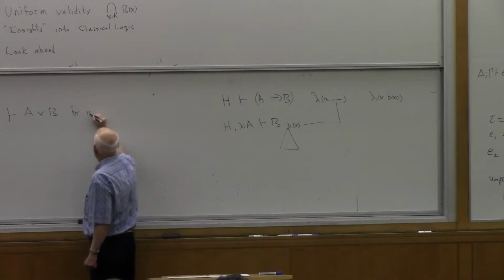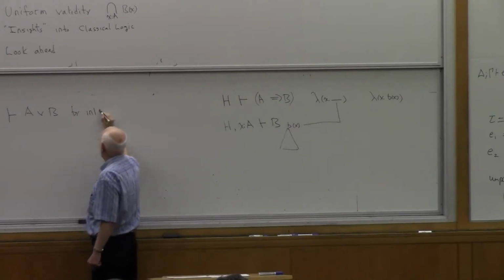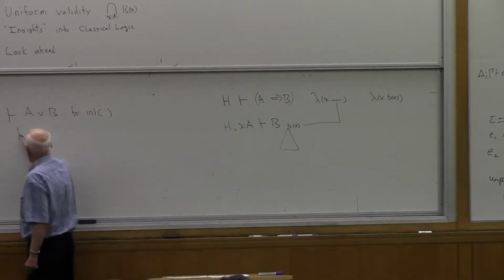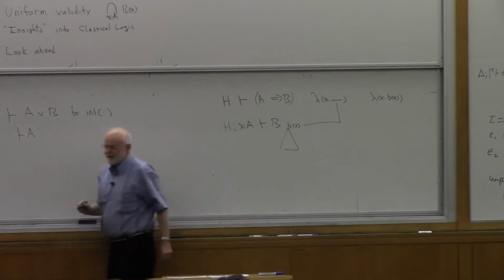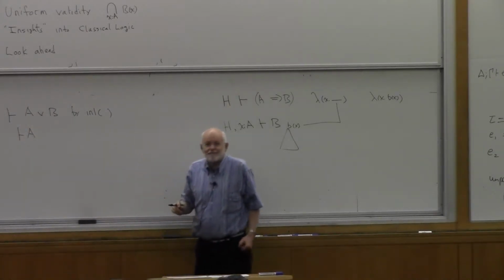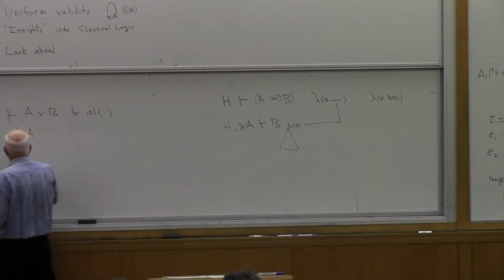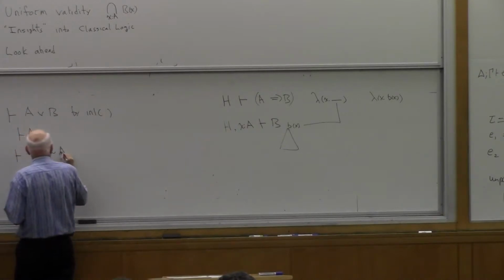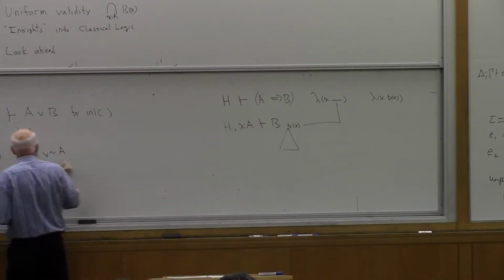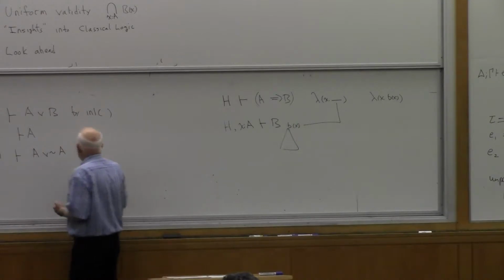You have to say, all right, I'm going to do the in-left part, and I'm going to prove A. And mathematicians like to be able to say, I don't want to commit here, especially when I'm trying to prove A or not A. I don't want to commit either way like that. I just want to say that's true.